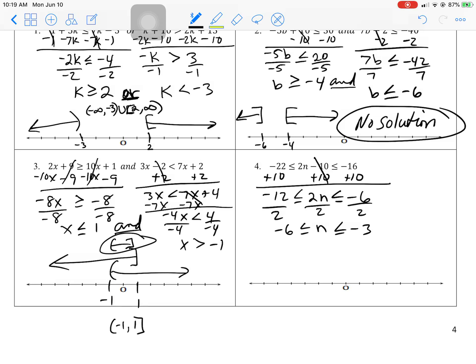Alright, where is -3? It's down here, and -6. 4, 5, 6. Alright, this is n is less than or equal to -3, and n is greater than or equal to -6.